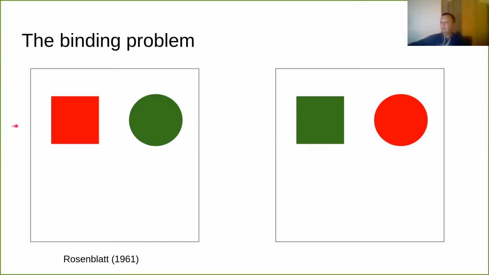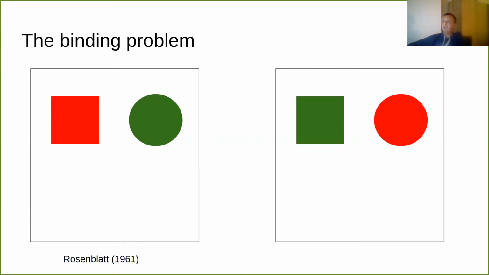In the left part of the screen, we bind the red feature to the square feature and the green feature to the circle feature. And we end up with a representation which is different from what we have on the right, in which we have the same features, but they are bound in a different way.